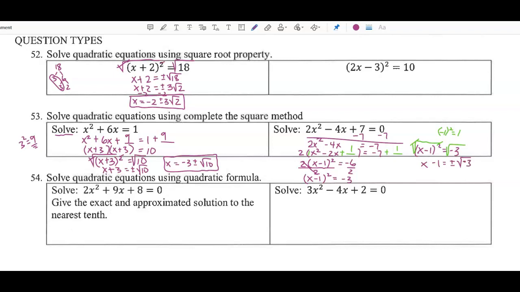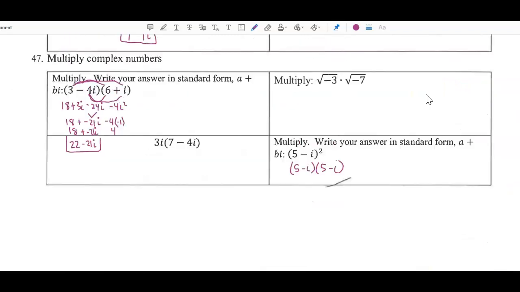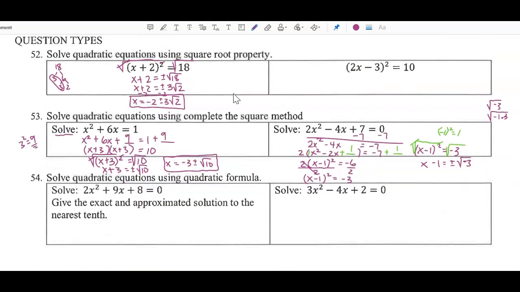So I've got this negative inside the square root, so that's telling me that I'm going to have some imaginary numbers there that I need to deal with, right? So the square root of -3 is the same thing as the square root of -1 times 3. And then we said the square root of -1, we said that above here, I should have just written it down again, is i. So that's what we're going to be looking at here.